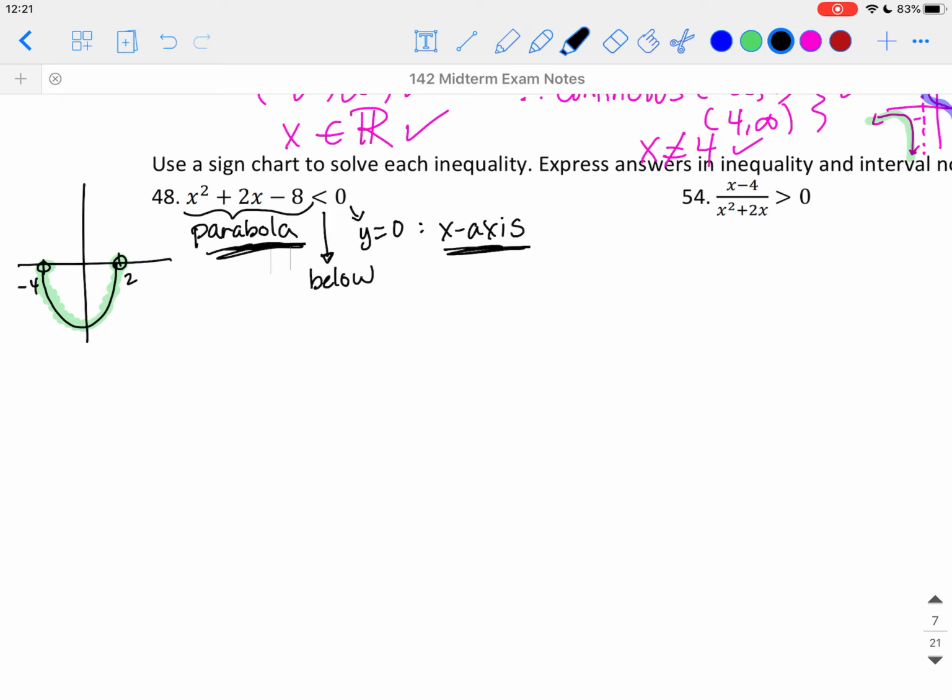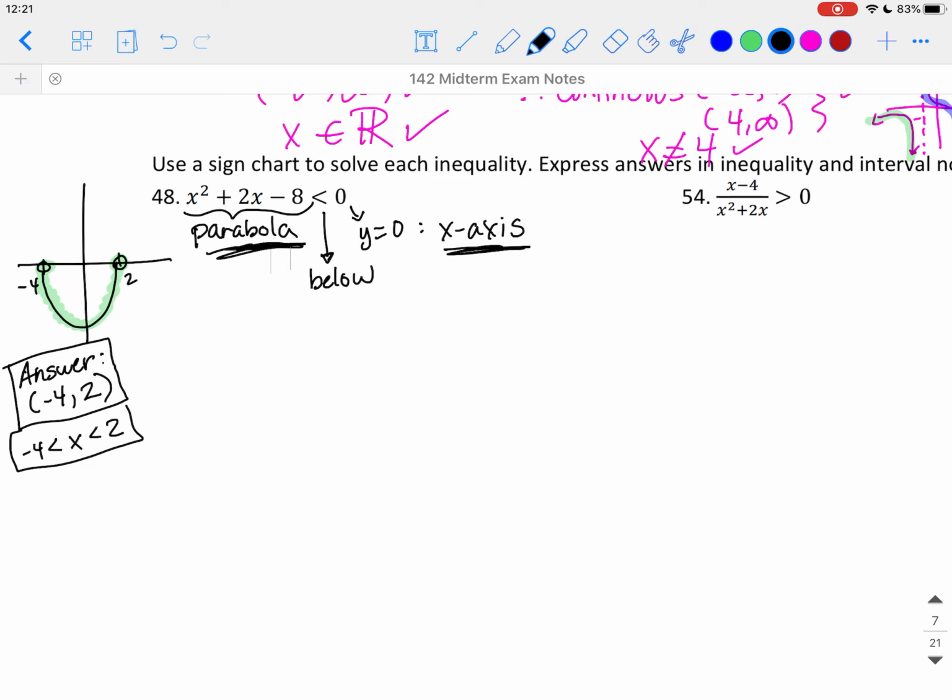So my answer, when is this parabola below the x-axis? It's from parentheses -4 all the way to 2 in interval notation. That's my answer. In set builder notation, it would be x is less than 2, and it has to be greater than -4.